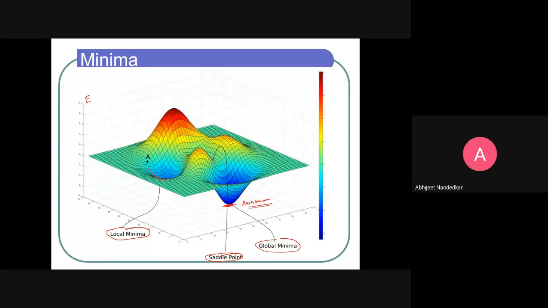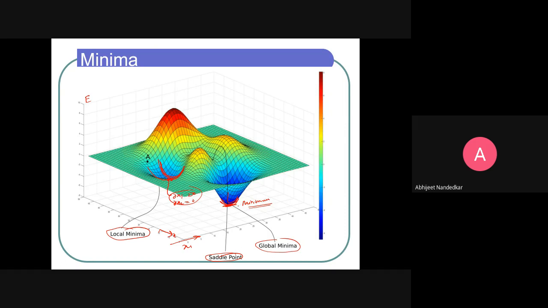if that is equal to 0, then I say it's a minimum. Say this is the x1 axis and this is x2, then I take the partial differentiation. This will be the point where the derivative with respect to x1 and the derivative with respect to x2 will be 0. So that point is minima. Here also you will find the same thing: derivative along x1 and derivative along x2 is 0.